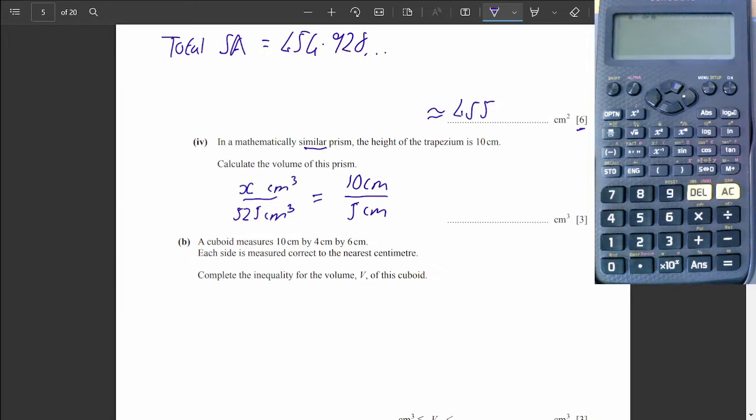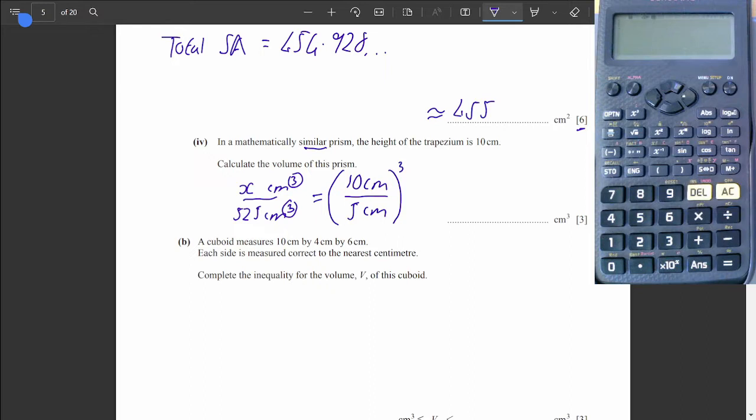It's important to write it like this because we can now notice a few things. First of all, we have the bigger shape written over the smaller shape, both in the volume and the linear scale factor. And second thing is the scale factor. The volume is in centimeters cubed, and the other one is linear, it's just in centimeters. So to get the scale factors the same, we need to cube the scale factor.